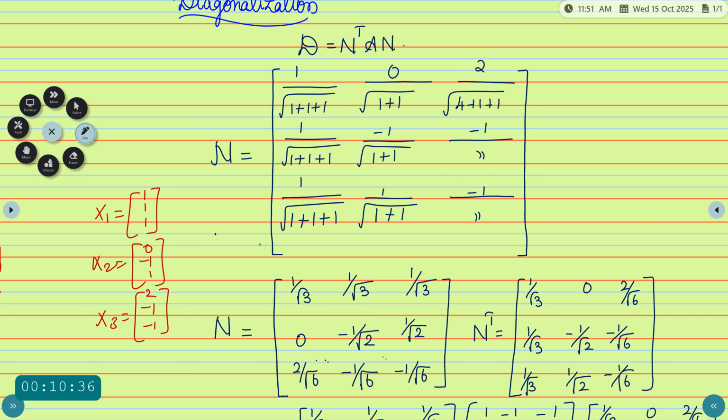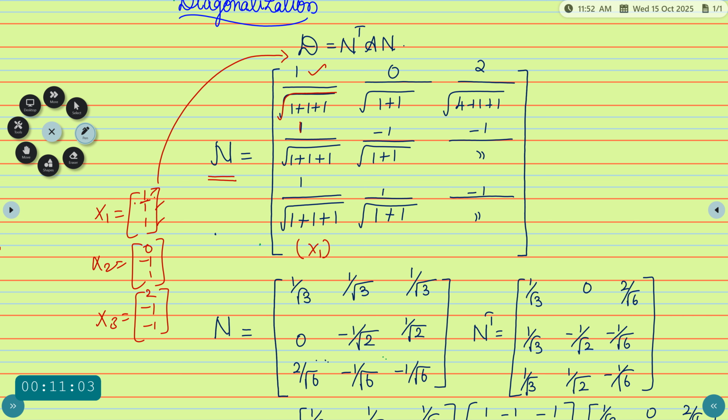First I'm going to use the first eigenvector, that is 1, 1, 1. How are we going to form the normalized modal matrix? In the first column we take the first eigenvector x1: the first value 1 is divided by the square root of the sum of 1 square, 1 square and 1 square. Similarly the second value is 1 divided by the same denominator.